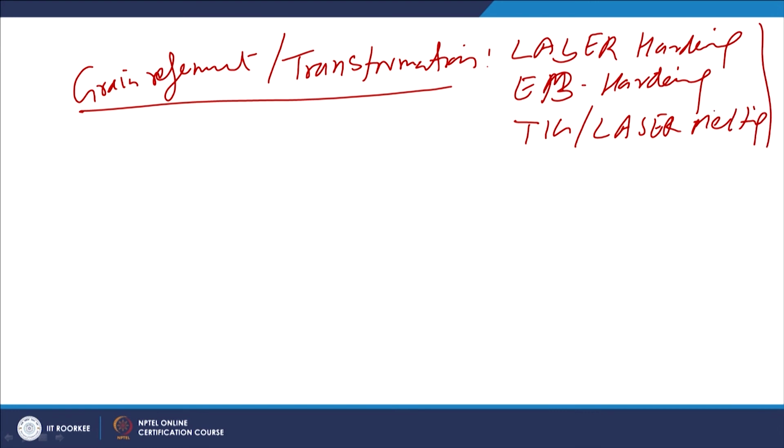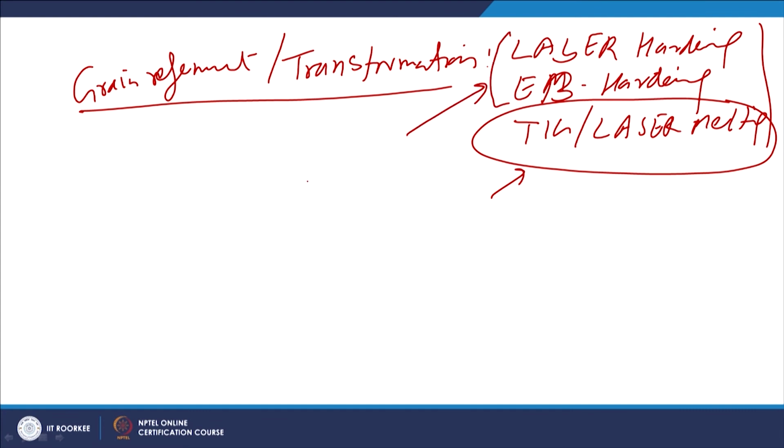In the case of melting, both the refinement and the transformation hardening are effective, while in the case of laser hardening and electron beam hardening, it is basically the transformation hardening which is effective for improving the mechanical properties and the wear behavior of the material.